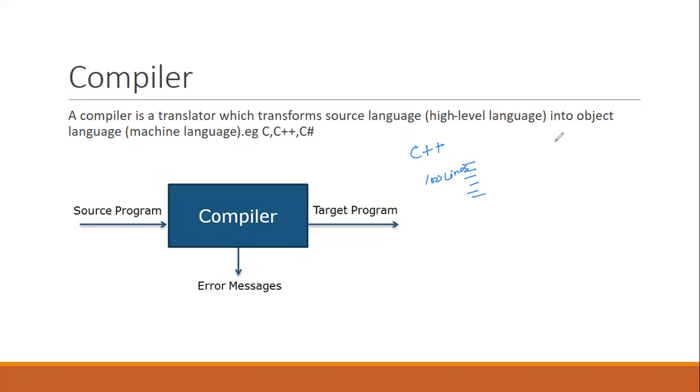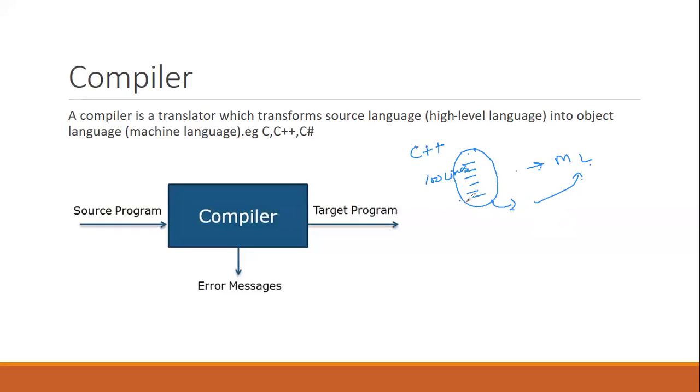And this 100 lines of code is to be converted into machine language. So what the compiler does, it takes that 100 lines of code in one shot and converts it into the machine language.